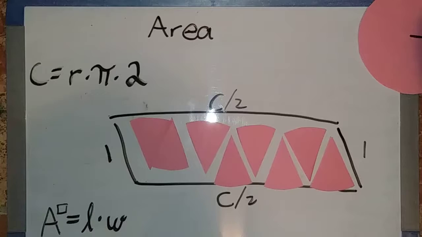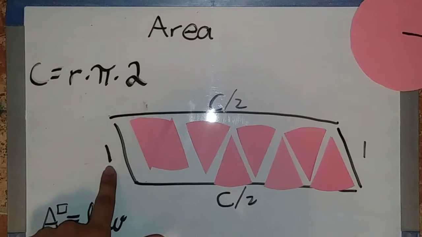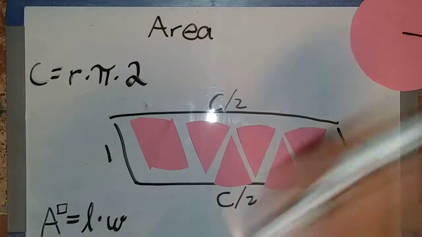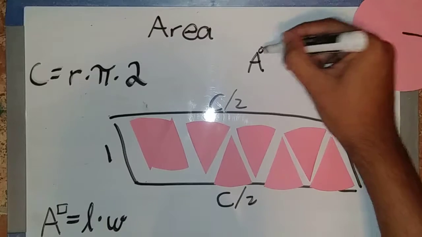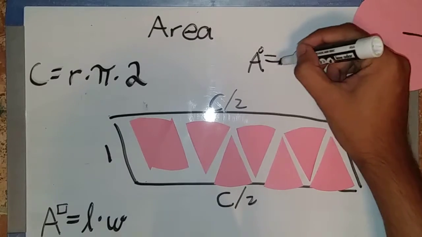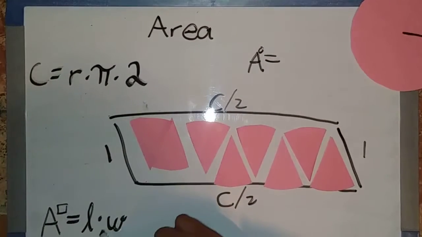Now that we know this, and we know that the area of a rectangle is found by multiplying the length and the width, we could change it to be that the area of a circle, that's right here, is equal to still the length and the width.